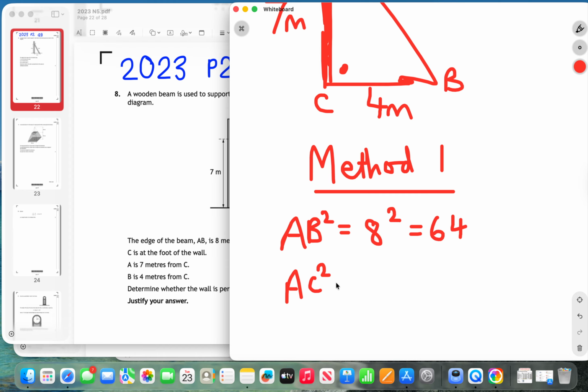Do not write AB squared equals AC squared plus BC squared. Now that is Pythagoras' theorem, but you don't know if the triangle is right angled, so you will lose marks if you write down AB squared equals AC squared plus BC squared. So you cannot at the minute write that. So it's 7 squared plus 4 squared.